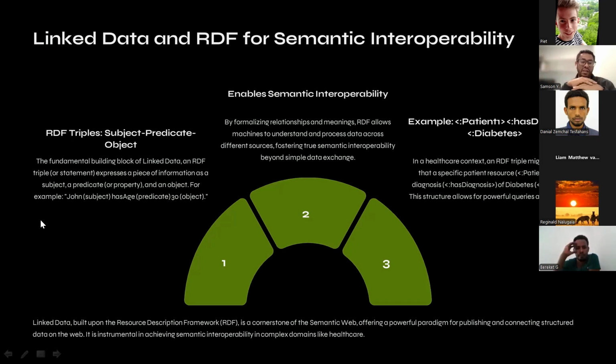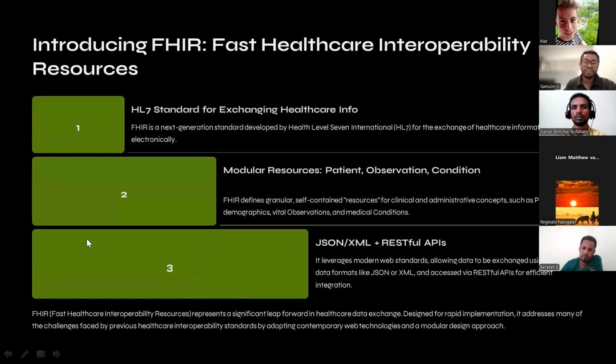For instance, I am from Tigray, and Tigray is in Ethiopia. So the data might not exist in the database as clearly stating that I am an Ethiopian, but you can really infer from the subject predicate object linkage that I am an Ethiopian. So that's the sort of linked data where you're trying to create the linkage at a data level and understand.